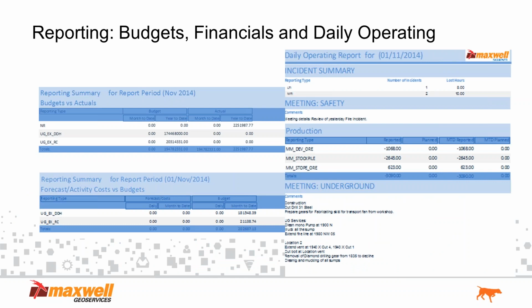The daily operating report is configurable, based on data entered and required, including material movements, development drilling, safety meeting minutes, crusher feed, etc. So whatever you need to put on your daily operating report, if you put the data in, we can get it out.